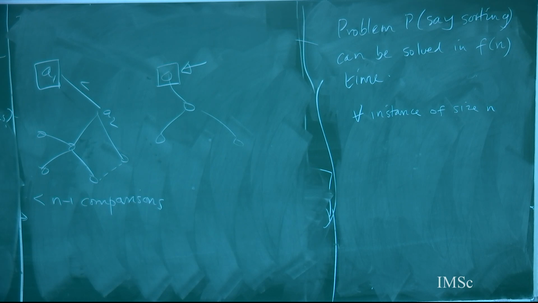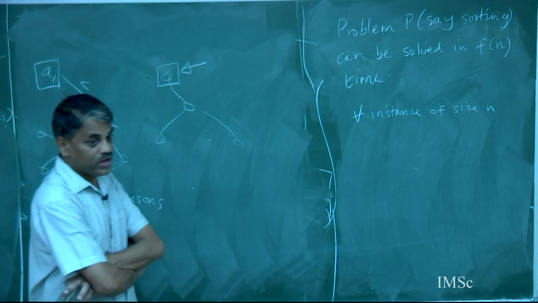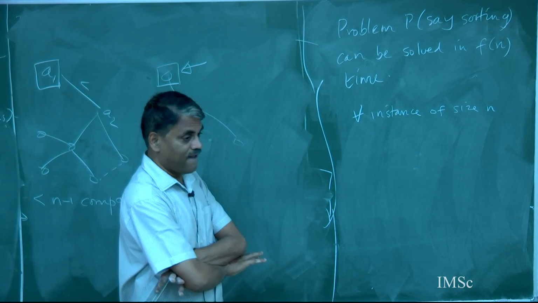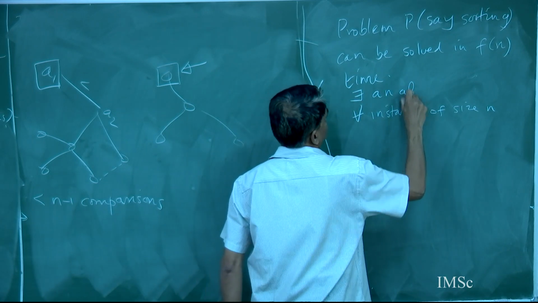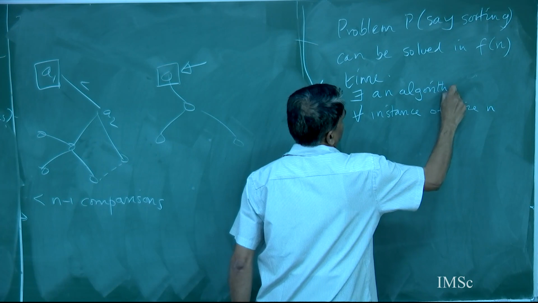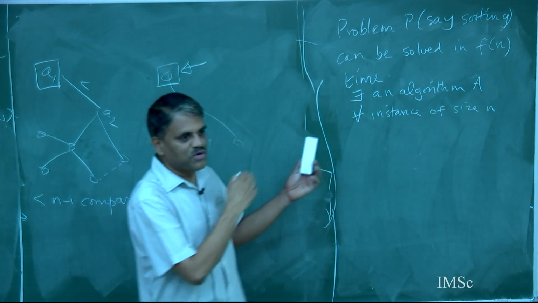Let's say it in English. I ask you how fast you can sort, and you say n log n time. What would be your justification? This is an upper bound statement. There exists an algorithm, in this case merge sort.